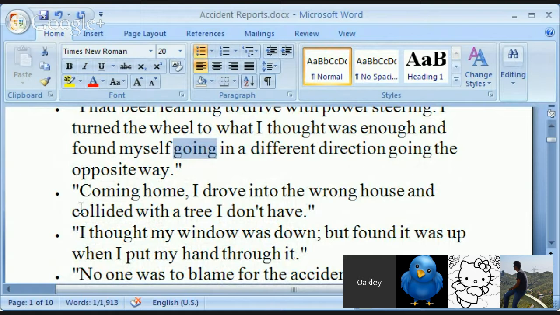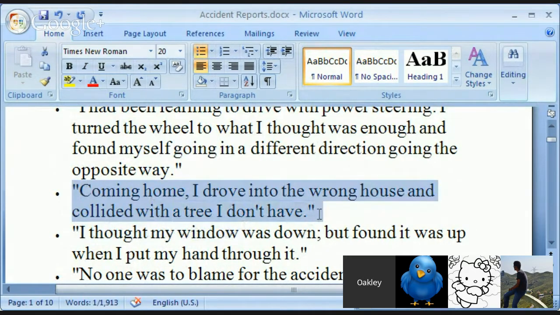Okay, let's try this next one here. Coming home, I drove into the wrong house and collided with a tree I don't have. Okay. What is strange about this sentence? How can any person drive into wrong houses?